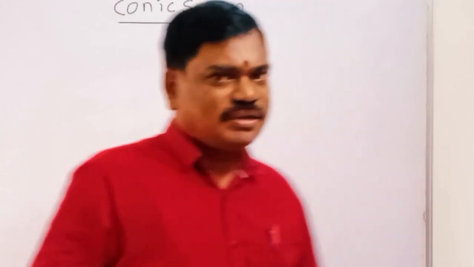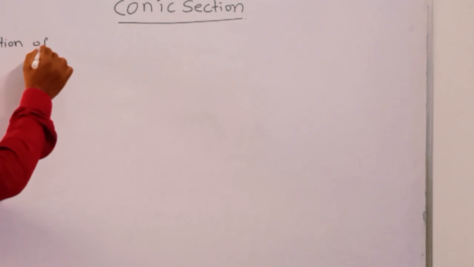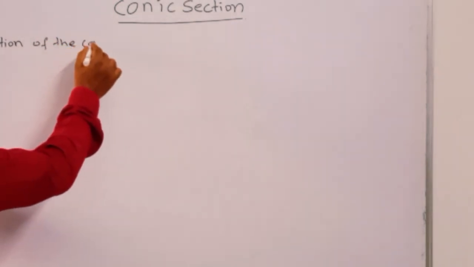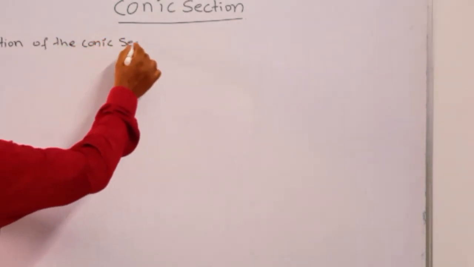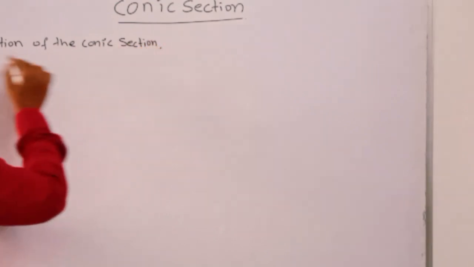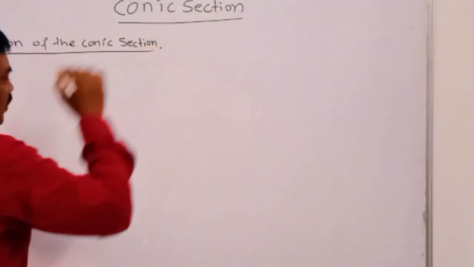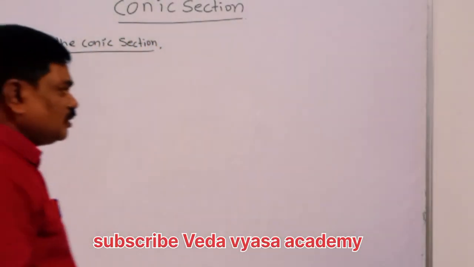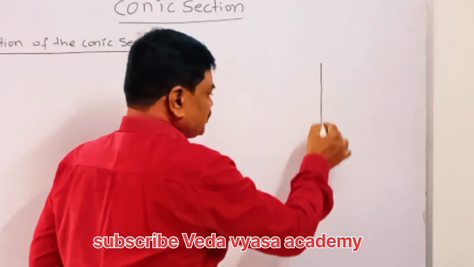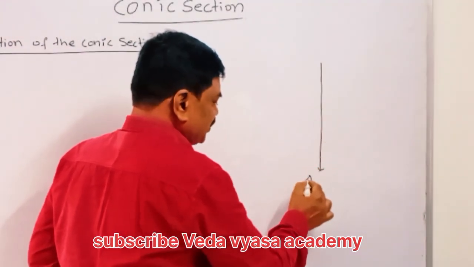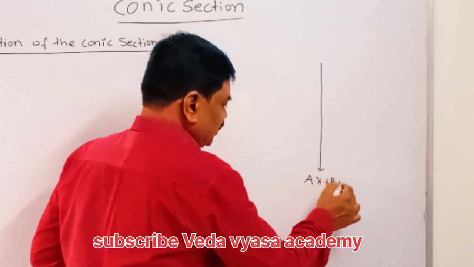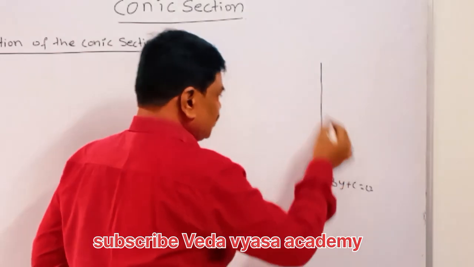Okay, all of you, here we are going to discuss the equation of the conic section. We have to find the equation of the conic section. Let us take the directrix ax plus by plus c is equal to 0.